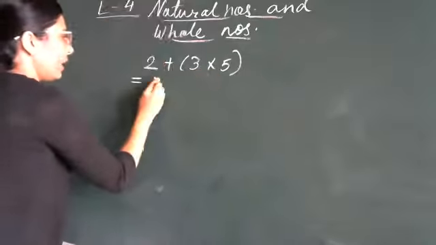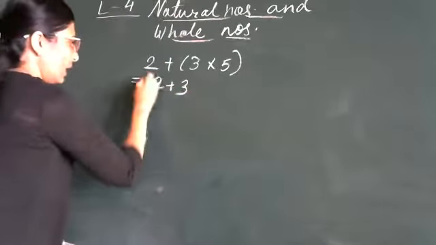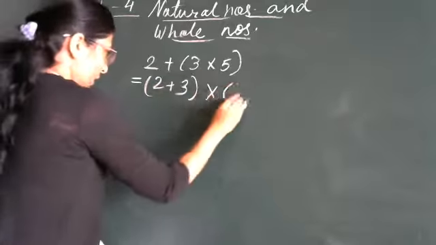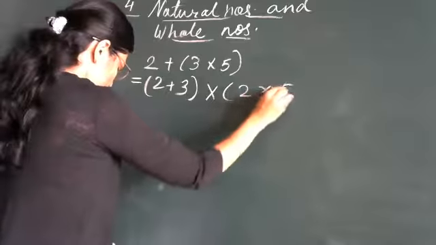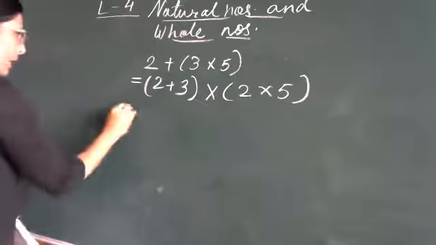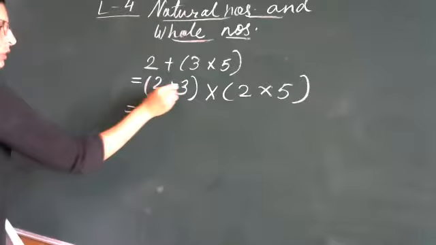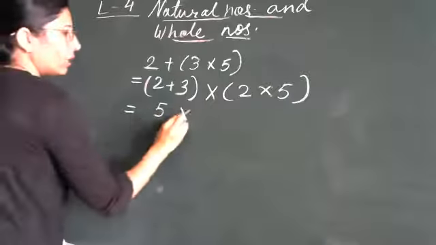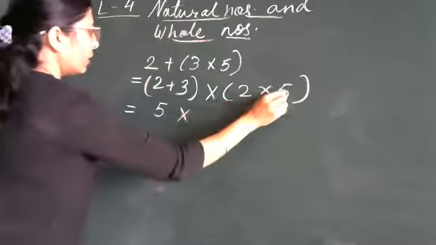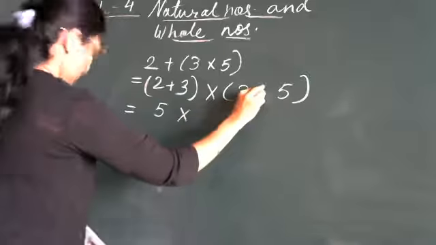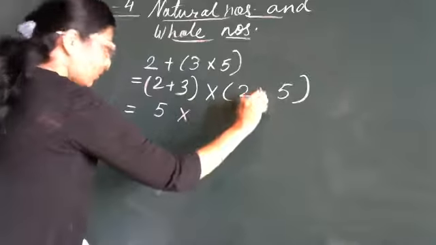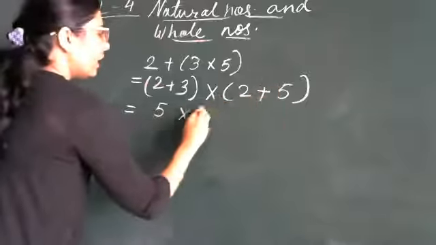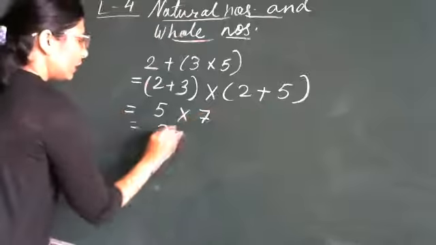Here we separate 2 plus 3, multiply it, and then 2 into 5. 3 plus 2 is 5, then multiply by 7, so we got 35.